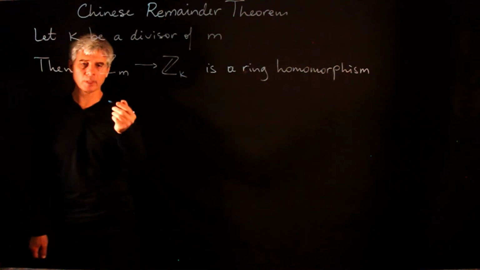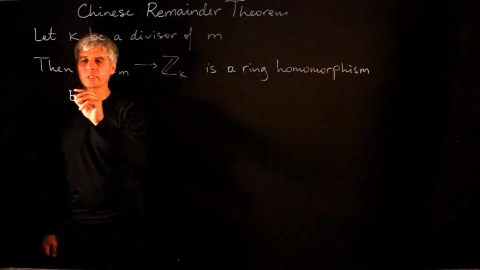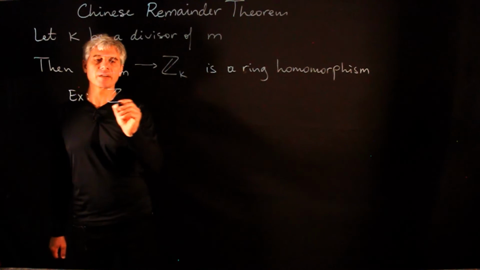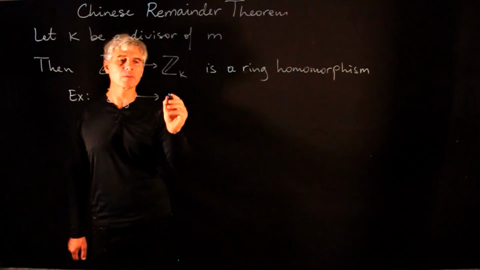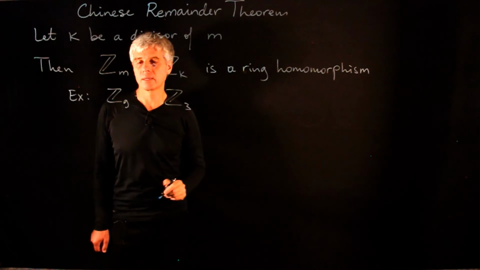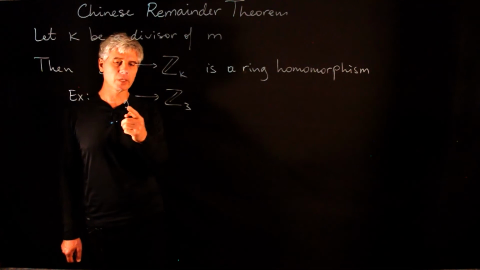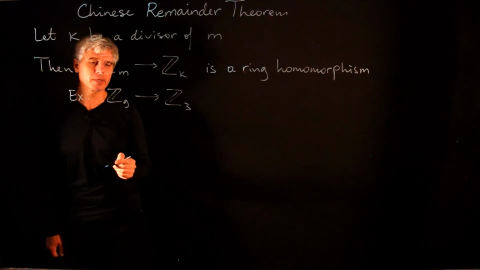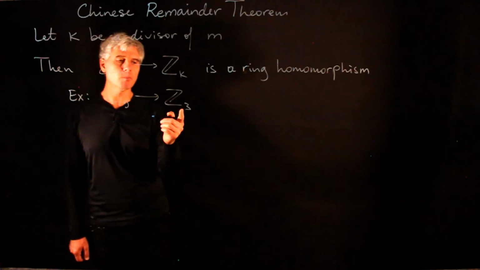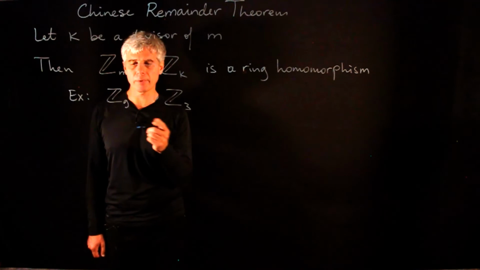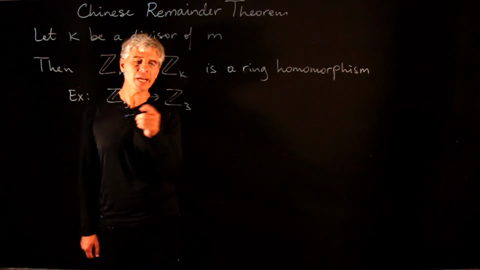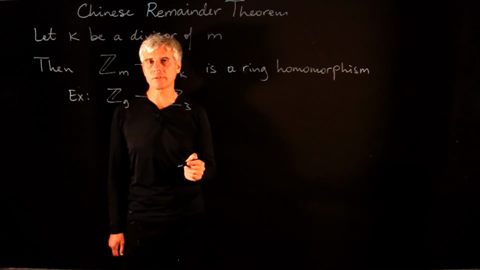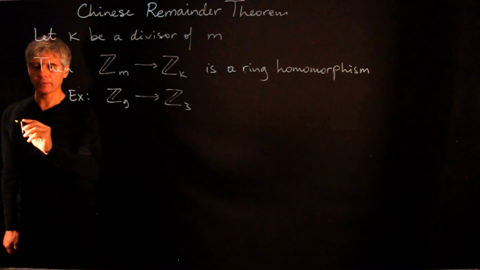For example, if we have Z9, we can further reduce it to Z3. We cannot reduce it to Z4, so that would not be a well-defined map, but reducing mod 3 is well-defined, because adding a multiple of 9 does not change the remainder after division by 3. So we have the following theorem.